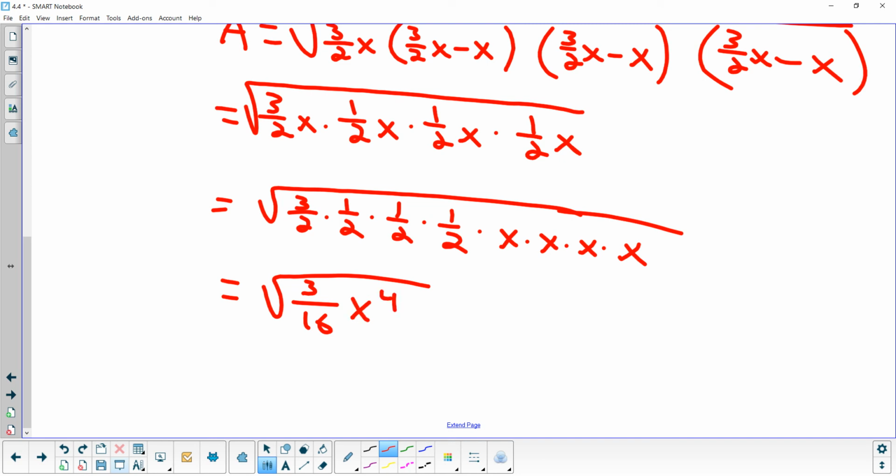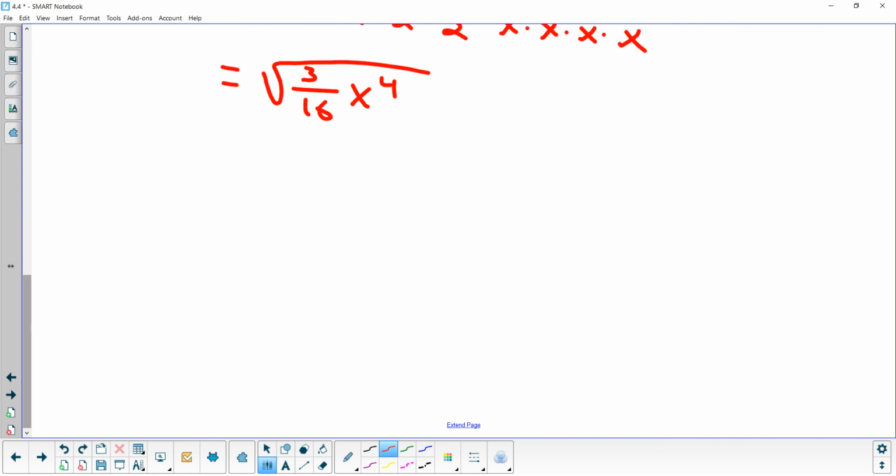So we're starting to get something pretty compact here for the area of an equilateral triangle. I have to take the square root of that whole thing. The easiest way is to take the square root of each one separately. Does square root of 3 have a nice answer?